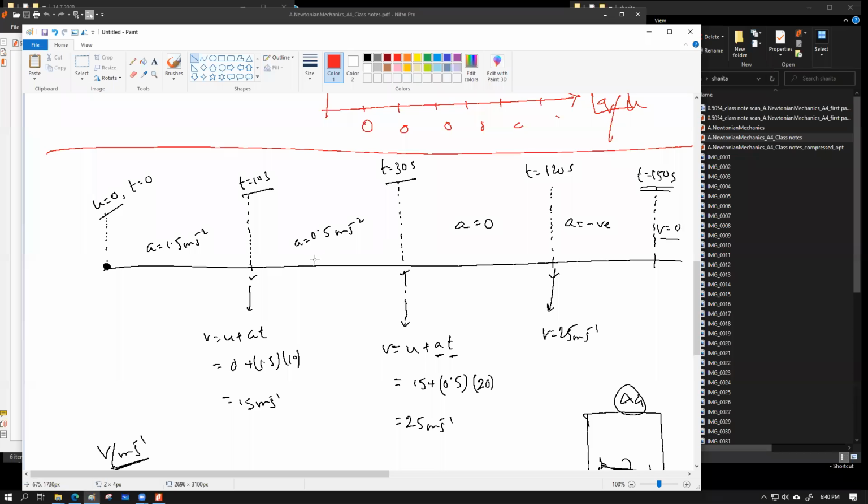Then you can write at the end of the 0.5 meter per second square acceleration segment, the velocity is this much. This velocity is maintained for the further 90 seconds, which means then at that point t equals to 120 seconds, and then from that point after at t equals to 150 seconds, the object decelerates uniformly to 0. So you can write them in words as well if you want to, but you have to show this calculation.